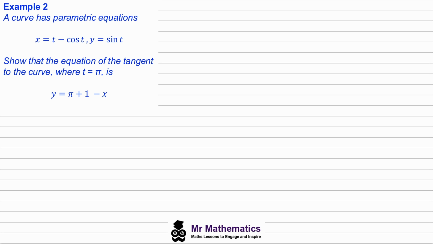The first thing we'll do is find dy by dx in terms of t. So this will be dy by dt, which is going to be cos t, divided by dx by dt, which is 1 plus sine t. Now we can work out the gradient at t equals pi.